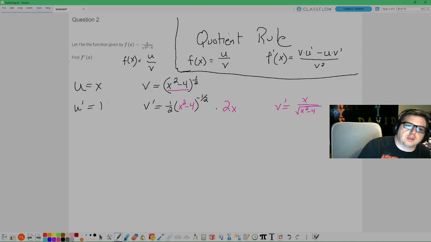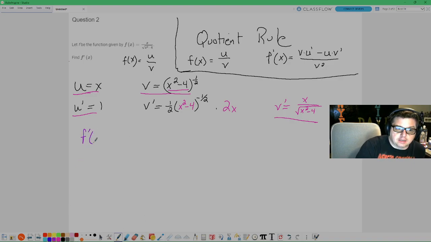So now if I substitute all of these, u prime, v, and v prime, into this, I will get my final solution. Now, we might need to clean it up a bit, but we would do v, which is x squared minus 4 to the 1/2 power, times u prime.